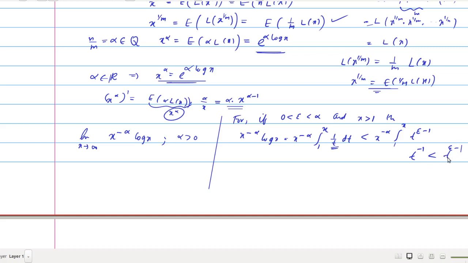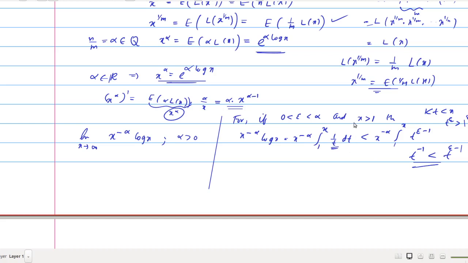Since t is between 1 and x, t to the power epsilon is greater than 1. So we get this inequality, and therefore we get it for the integrals as well.